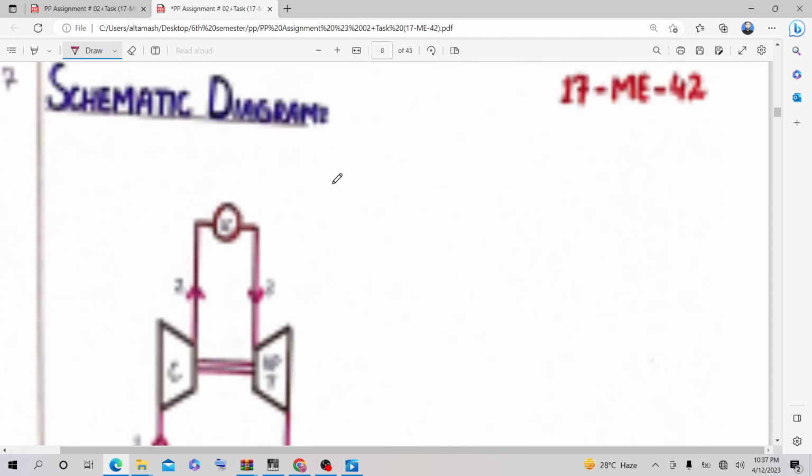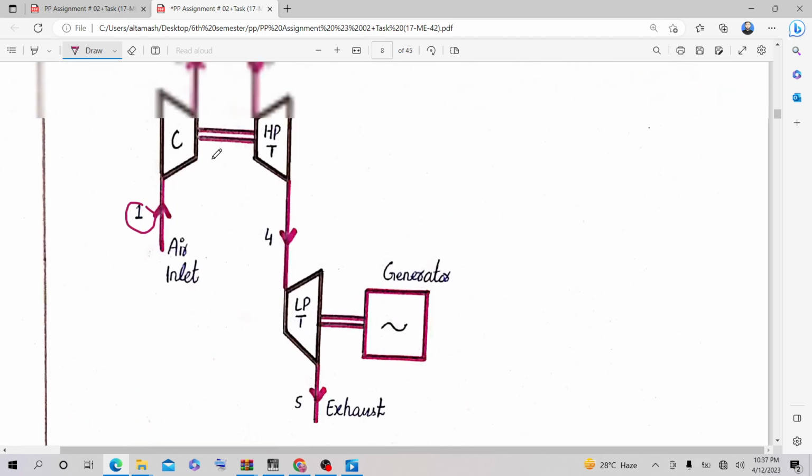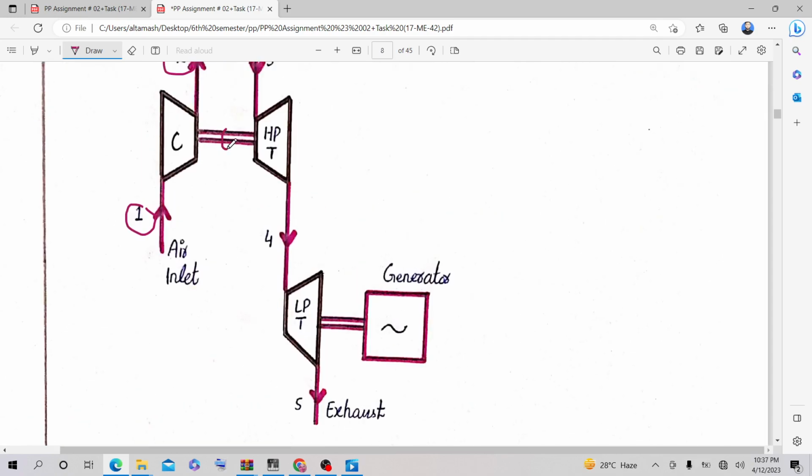The shaft mechanical efficiency is actually, you may see that here is our shaft that is coupled with the high pressure turbine to the compressor. So this shaft has certain mechanical efficiency to transmit the power output from this high pressure turbine, and if the complete power is transmitted to the compressor, then it means that it is 100% efficient.